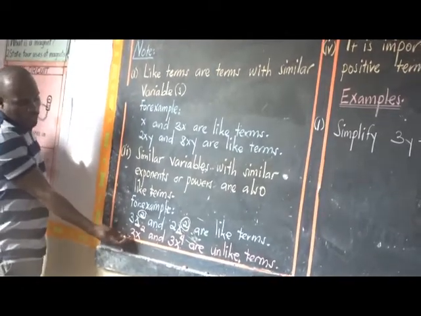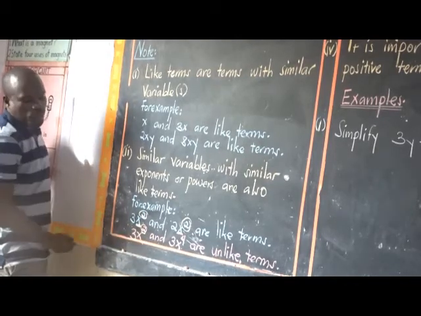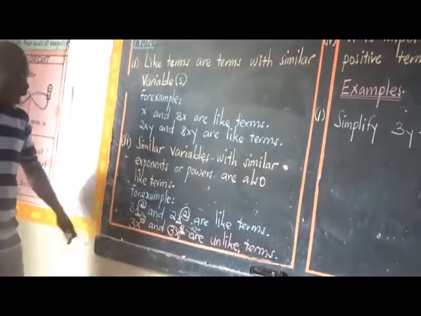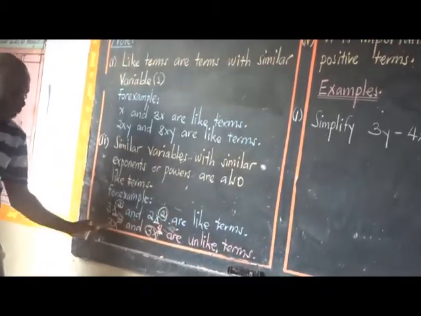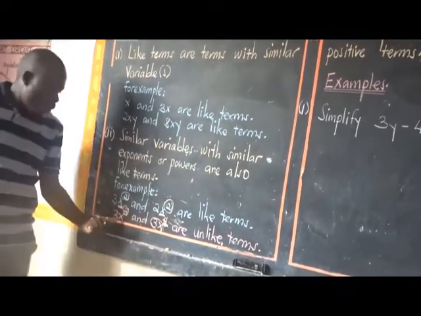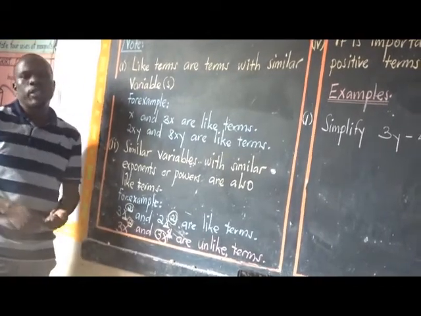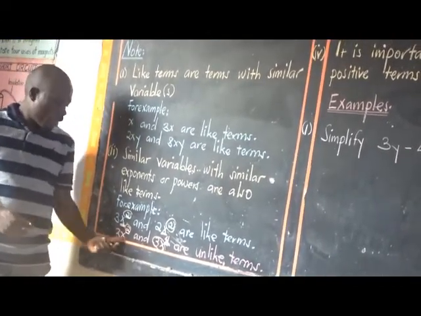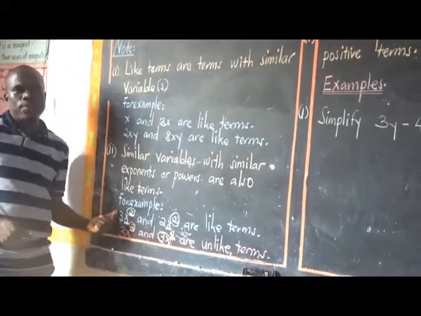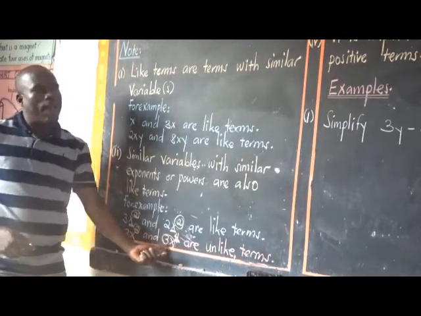Here we have 3x to power 2, and here 3x, but the power is 4. Now that the powers are different, however much the variables are the same, these ones are unlike terms. Because what will be here and what will be here if you substitute will be completely different. It is for that reason that we look at these two as unlike terms and these ones as like terms.